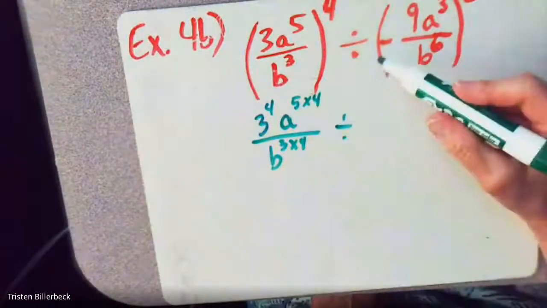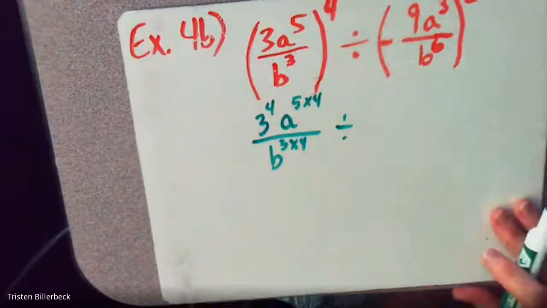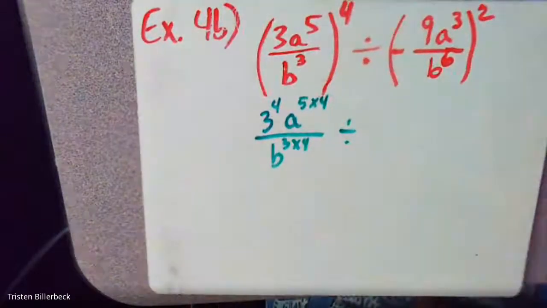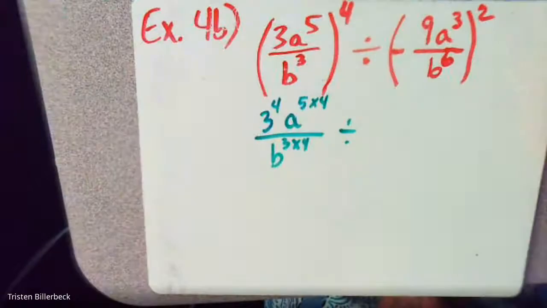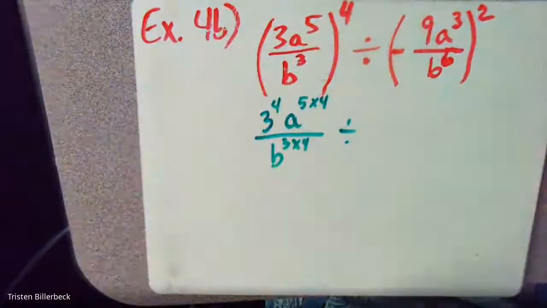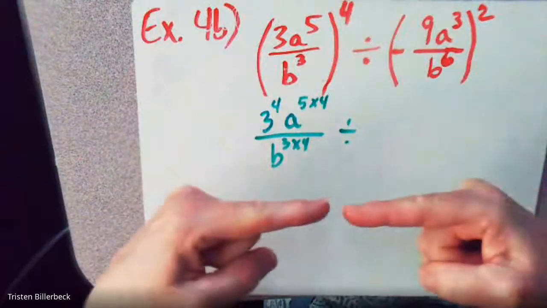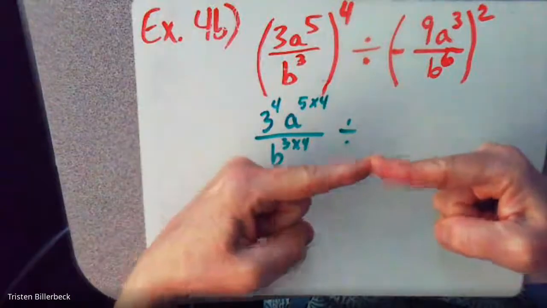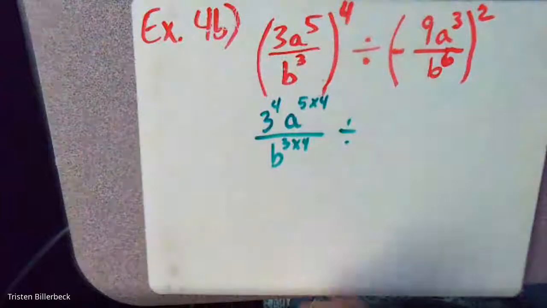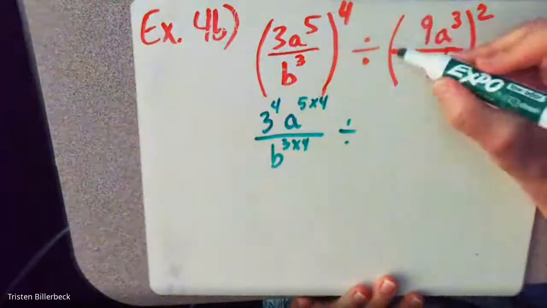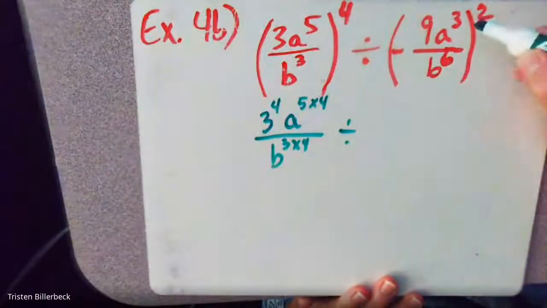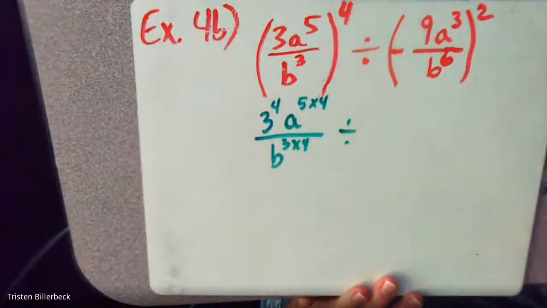Hey, we have a squared and there's a negative sign. What do we know about 2 negatives? What do 2 negatives make when you multiply? Remember? 2 negatives. They blow up. They go away. So I have a negative times a negative becomes a positive.